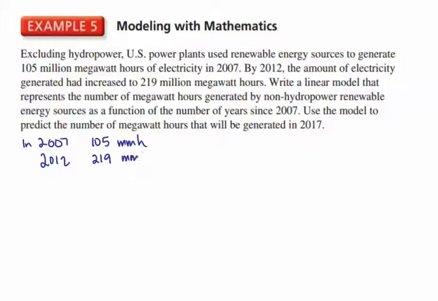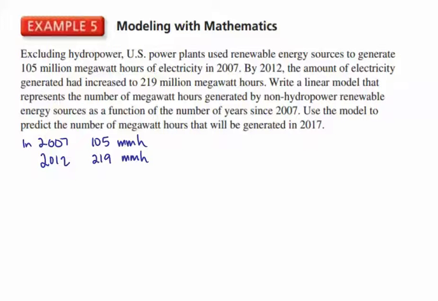219 million megawatt hours. What we want to do is we're going to assume, again, that there is a linear relationship here, that the number of million megawatt hours is increasing in a linear fashion.